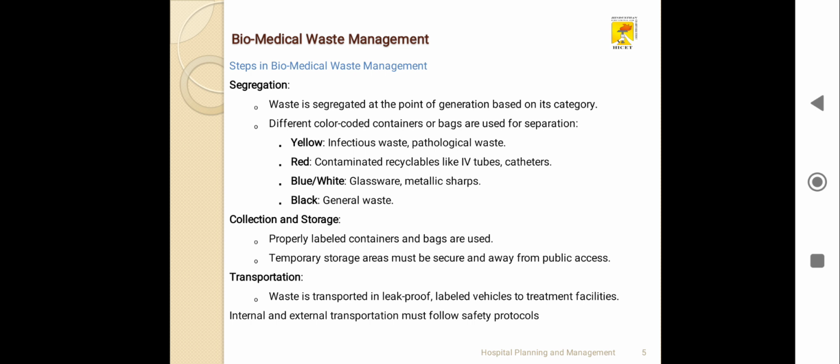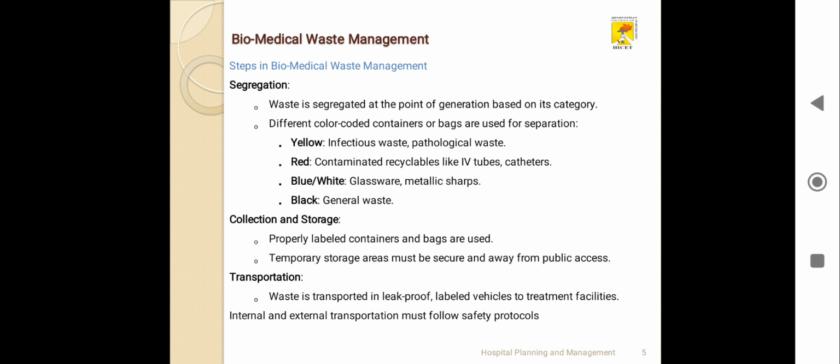For example, yellow bins are used for infectious and pathological waste, and red ones for contaminated recyclables like IV tubes and catheters. Blue or white bins are used for glassware, metallic sharps, needles, and syringes. Black ones are used for general waste.